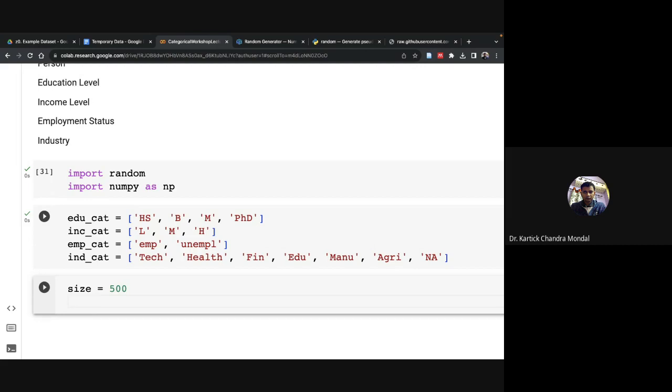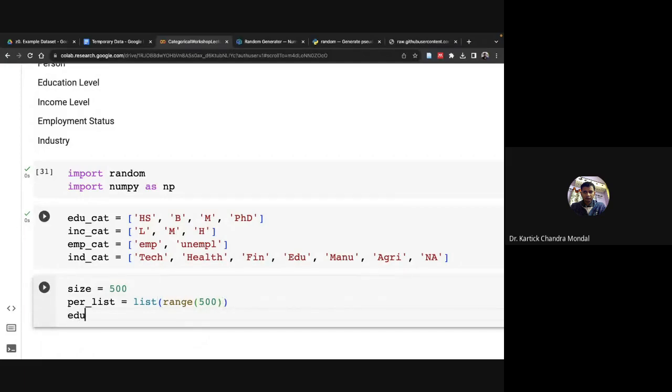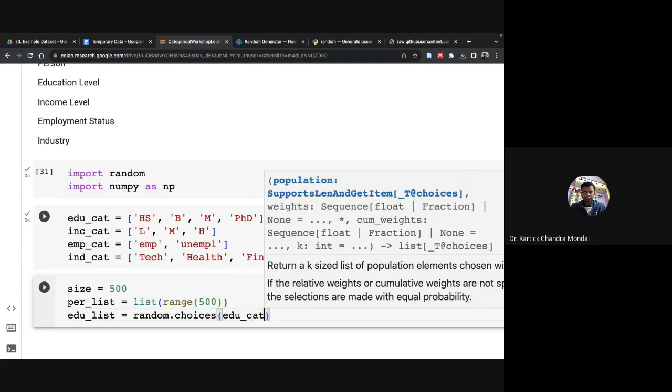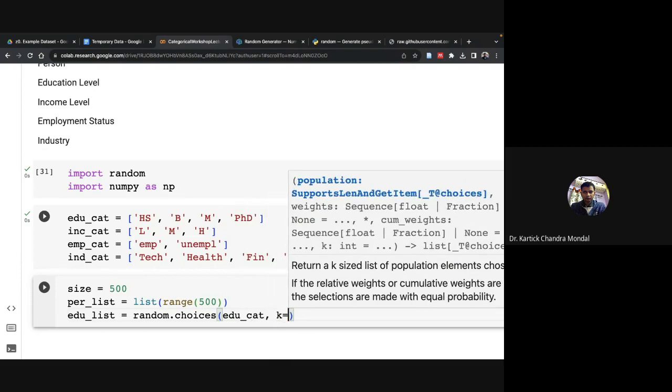So I will use the person list is equal to list of a range of 500, and then edu list will generate random dot choices of educat, and k is equal to the size.